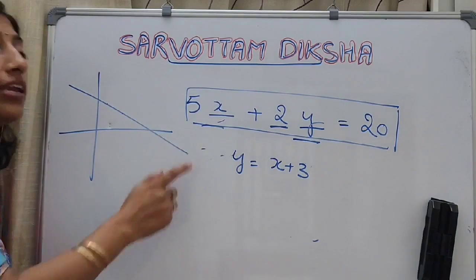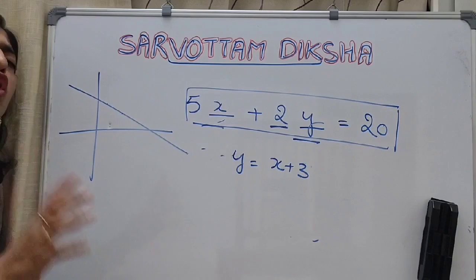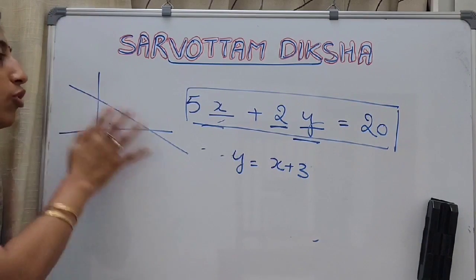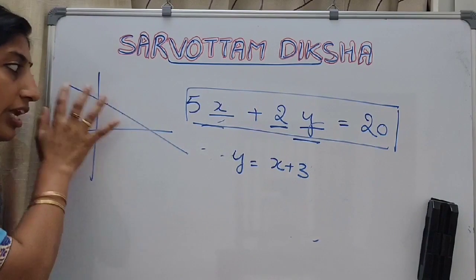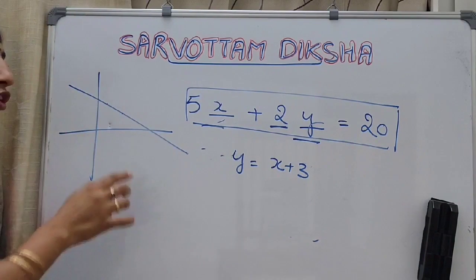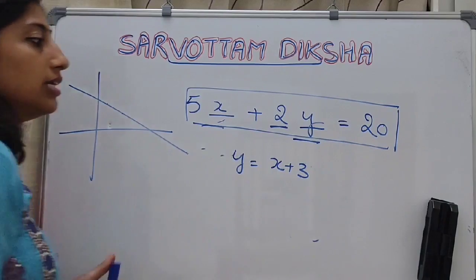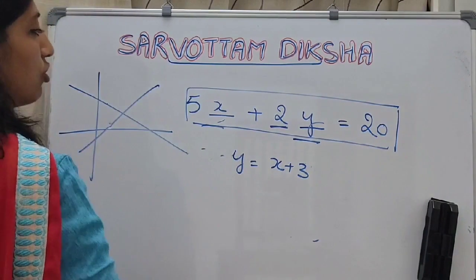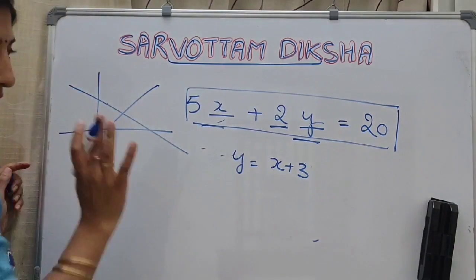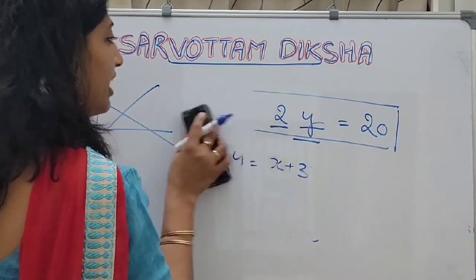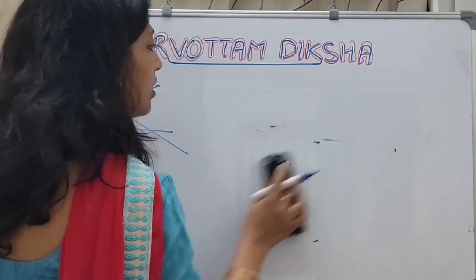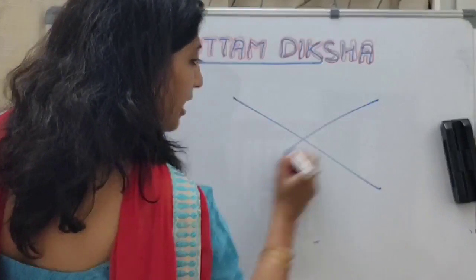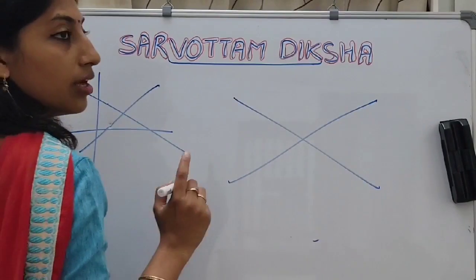And what do I mean by a specific set of x and y? Why am I not considering the infinite values? Because I want to get that particular set. See, this will give me a line, and this will also give me a line. I am just drawing random lines. These are not the lines specific to these equations only. Now, if I have 2 lines, how many times can they intersect?